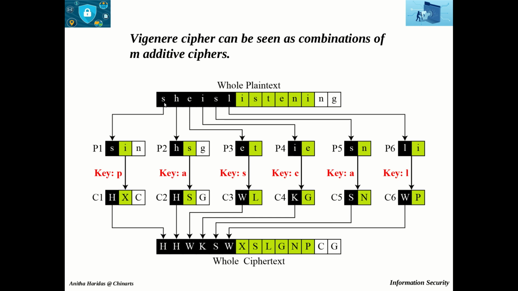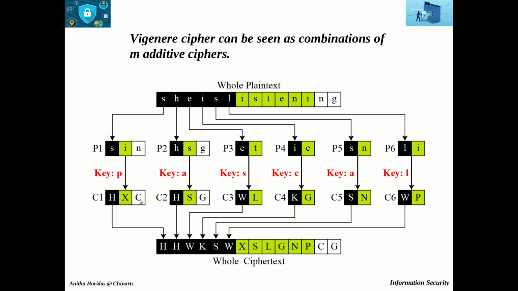Now, this first character S, and this is I, the first character of the second block. N is the first character of the third block, right? So all these 3 characters will be added with P, because that is the first character of our key stream.